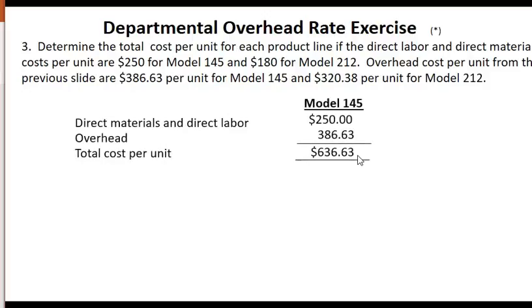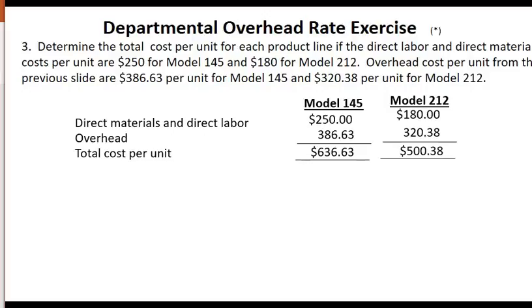So what I'm going to do is I take model 145, and according to my description, my materials and labor are $250. I add that to the $386.63 worth of overhead per unit that I calculated from the previous slide, and my total cost per unit comes out to $636.63.